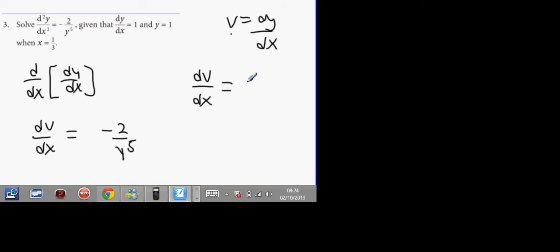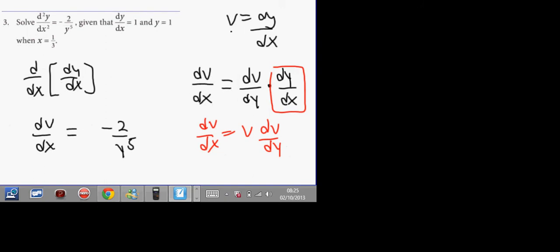So for instance, I'm going to put the v up here, I'm going to put the x down here. I need an intermediate value to bridge them together. Because I'm dealing in y's, it's going to be dy. So I'm going to use dv/dy dx. Okay, this is known as the chain rule.